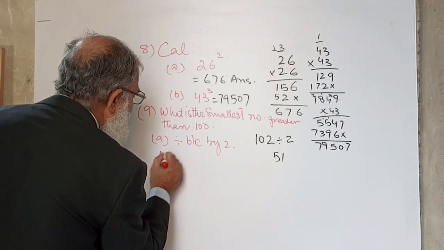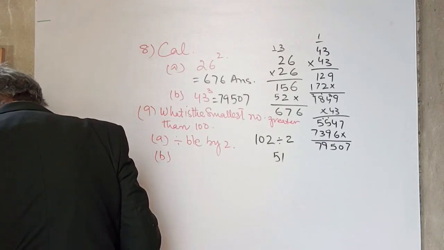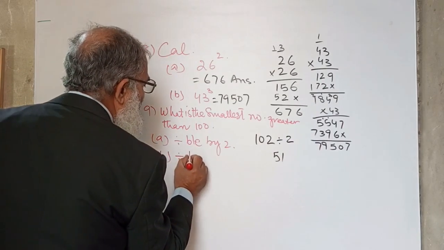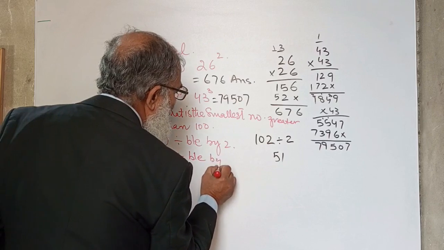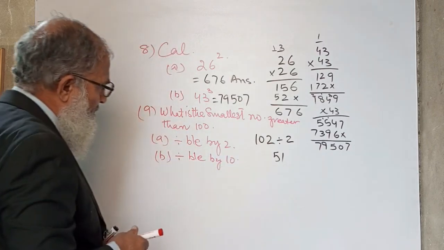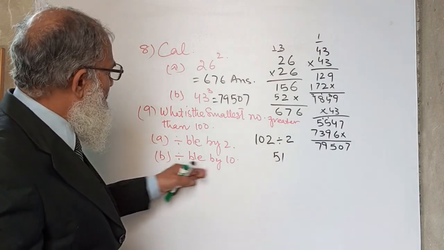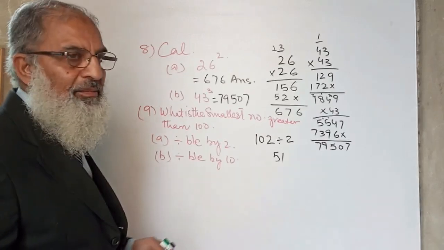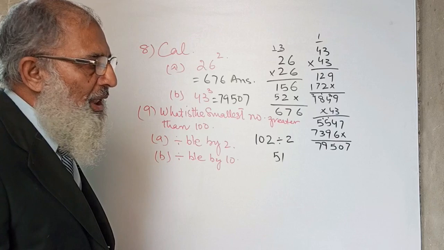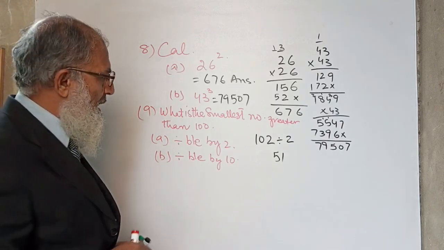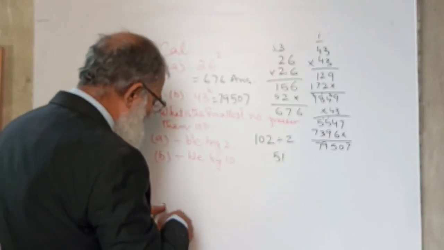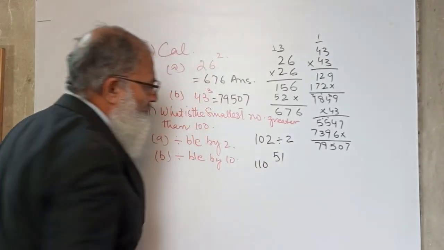Now for part B, divisible by 10. Greater than 100 and divisible by 10, and we should not have any remainder as well. Divisible by 10 is again very simple: 110.